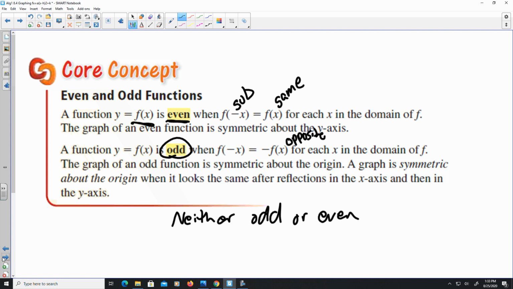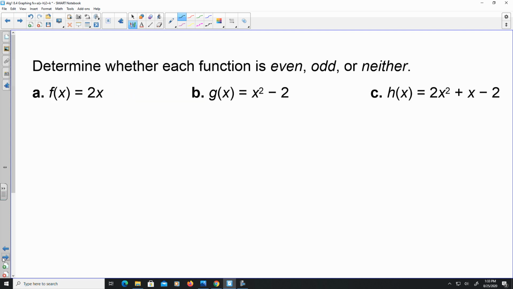So here are some examples. We're going to look at one that is even, one that is odd, and one that is neither. Looking at this first example, we've got f of x equals 2x. So basically, you're just substituting x with negative x. Anywhere you see x in here, you're going to replace that with negative x.